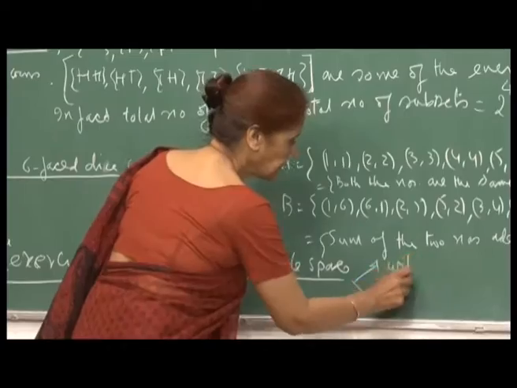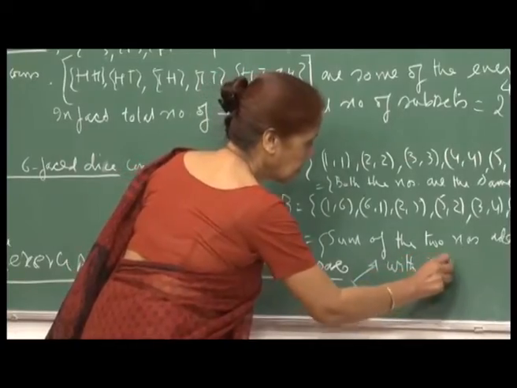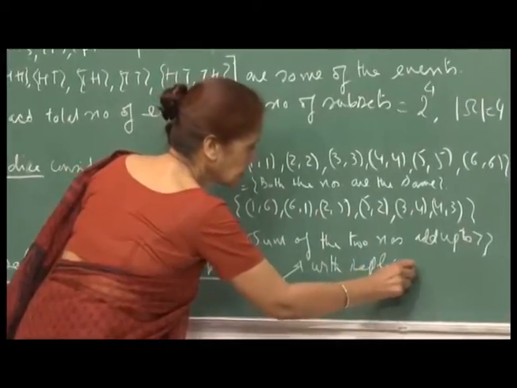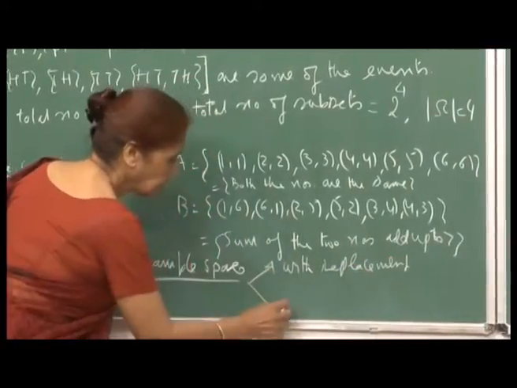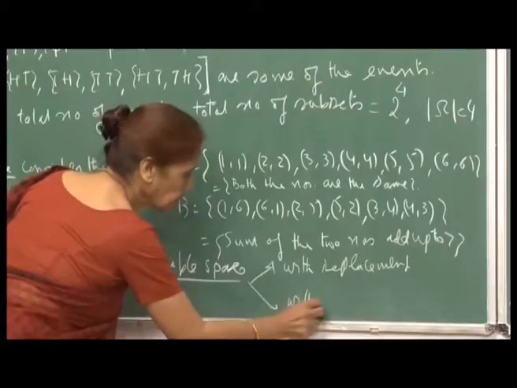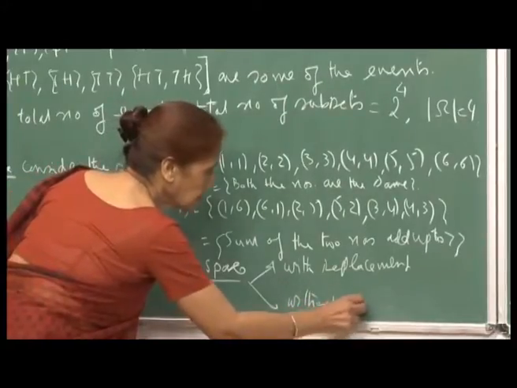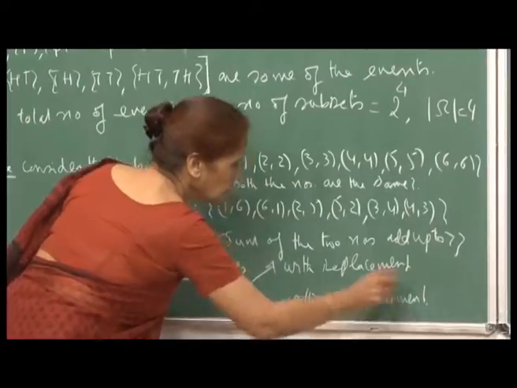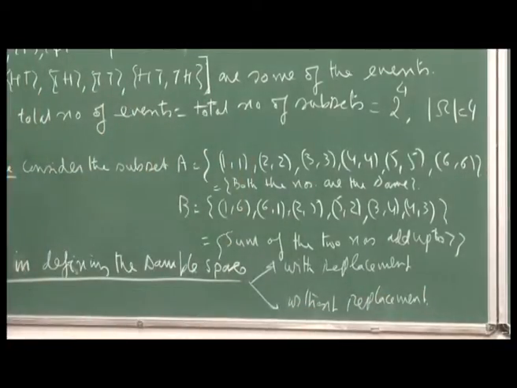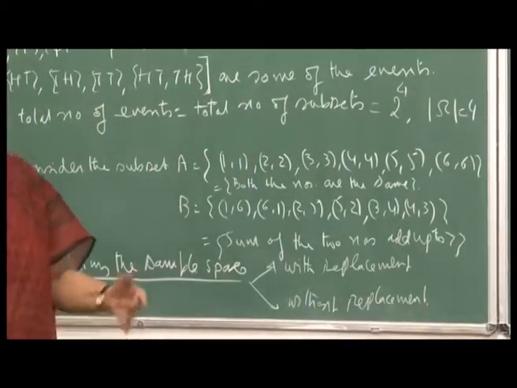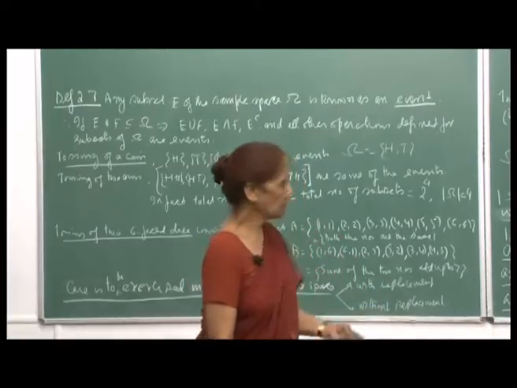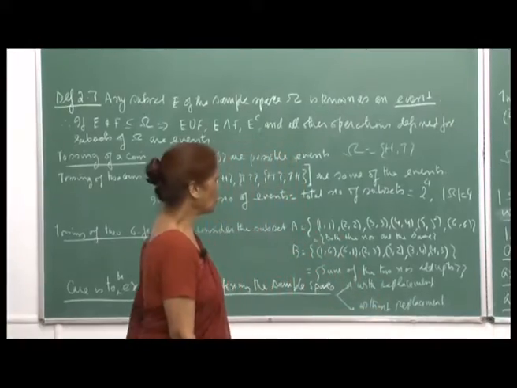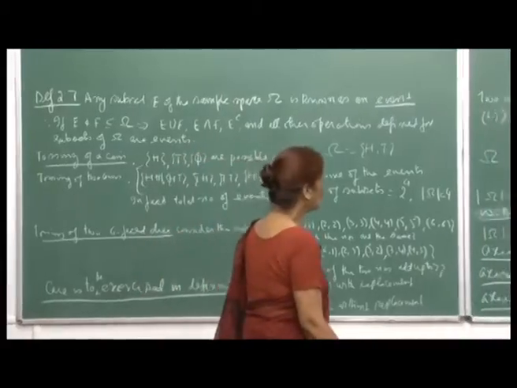One is with replacement, wherever this is relevant, and the other possibility can be without replacement. So, we have to be careful how the experiment is being conducted, and then you can define your sample space, that means the possible outcomes of the experiment.